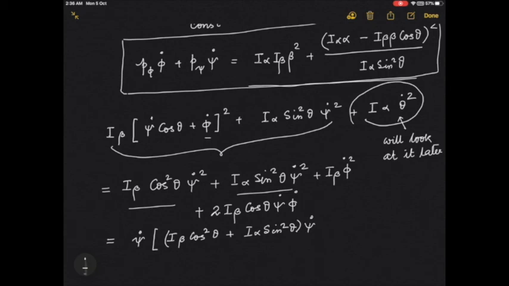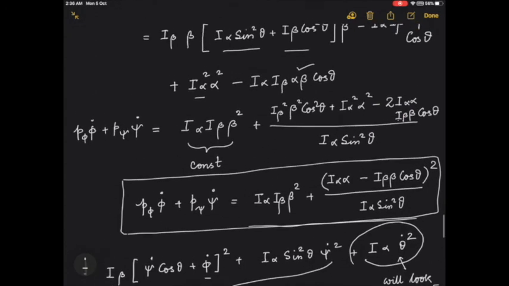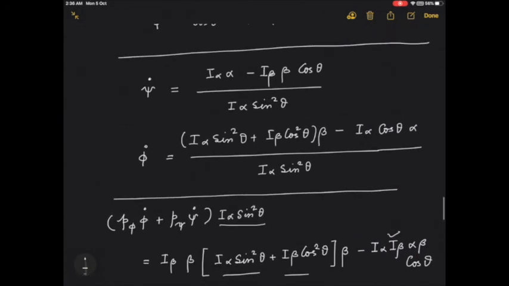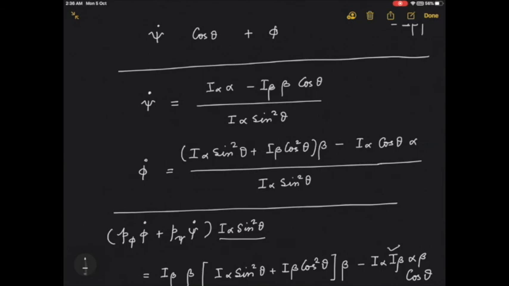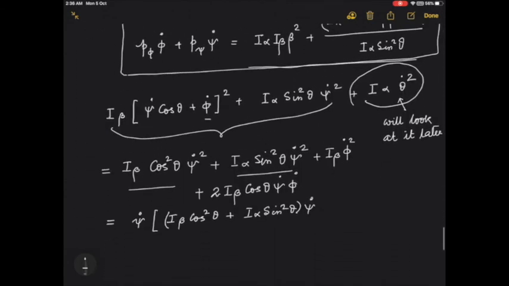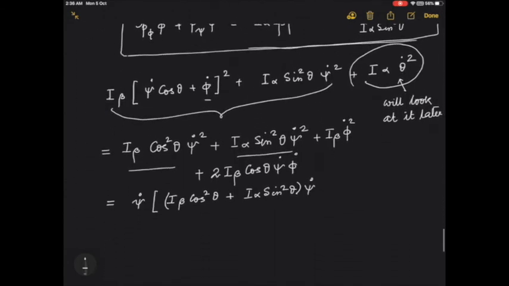Now let's look at this term, I beta cos square theta plus I alpha sin square theta times psi dot. If you come back here, so that is this term. I have to subtract an I alpha cos theta from here. Well, that is available.